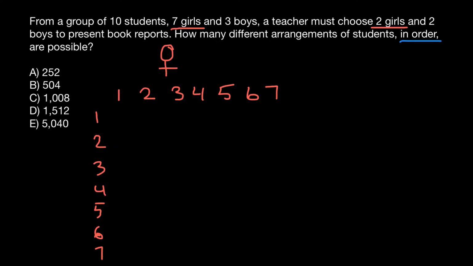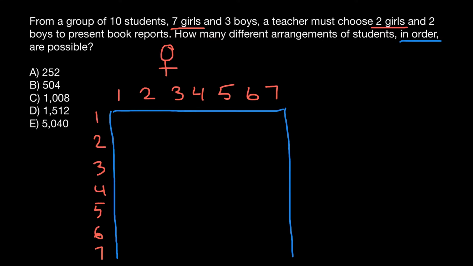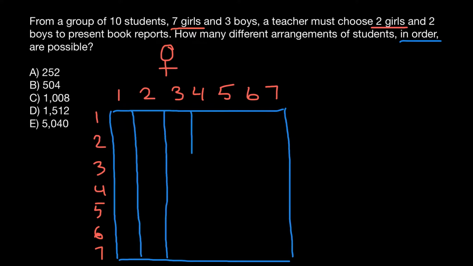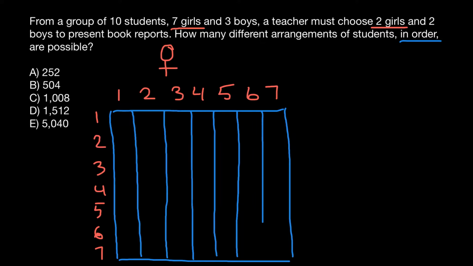So our Punnett square is going to be 7 by 7, and we are going to find combinations of these variants, how we can combine these girls in pairs. 7 by 7 would give us 49 cells.